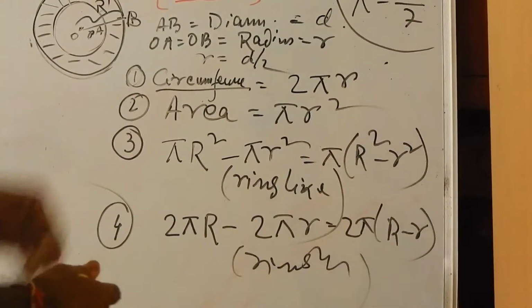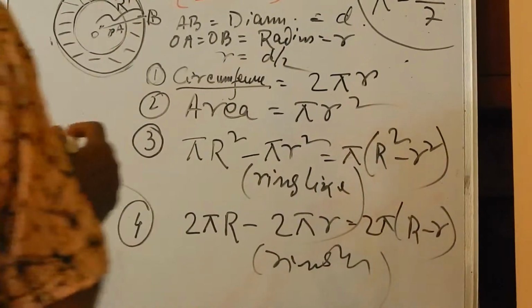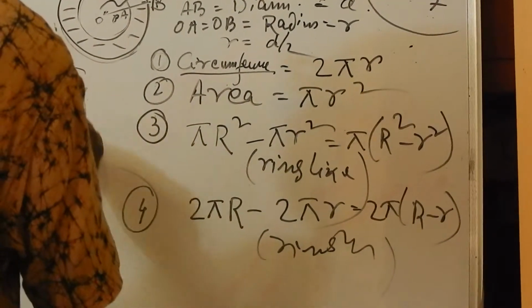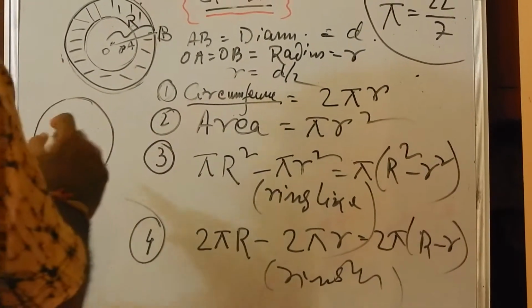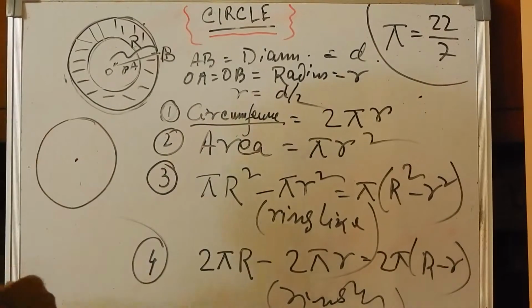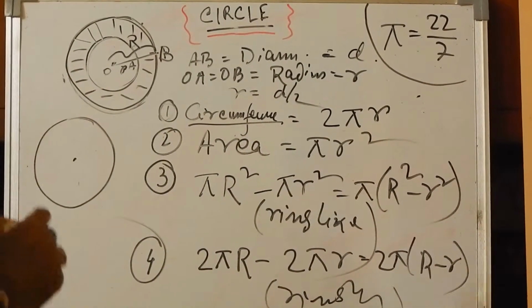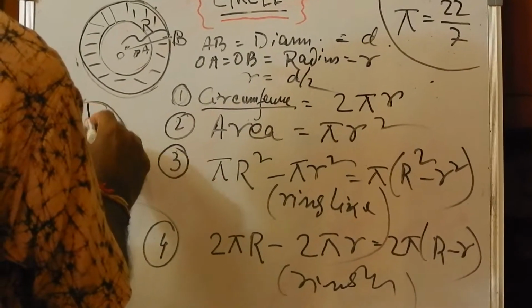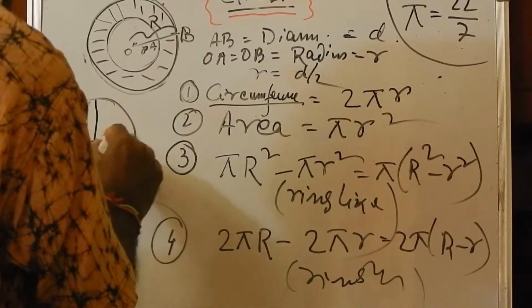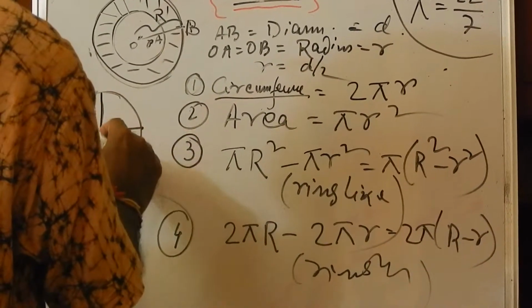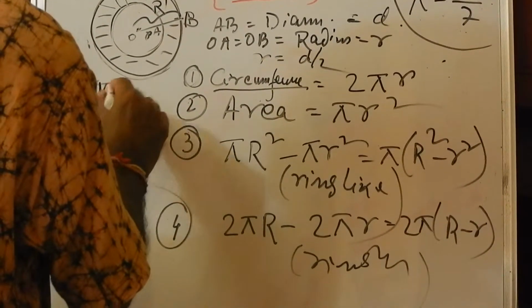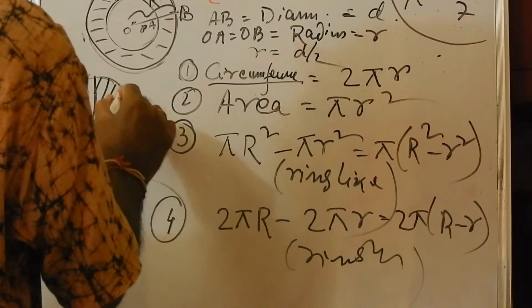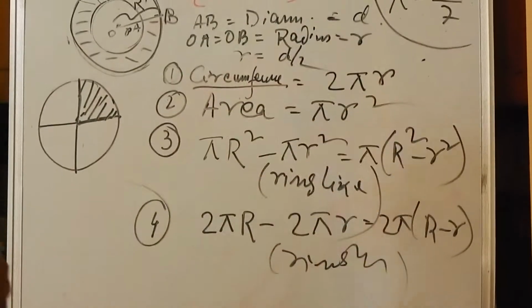And one more thing I would like to mention here, that sometimes a circle or a circular figure is cut into several portions like that. So these portions' value often we have to determine.